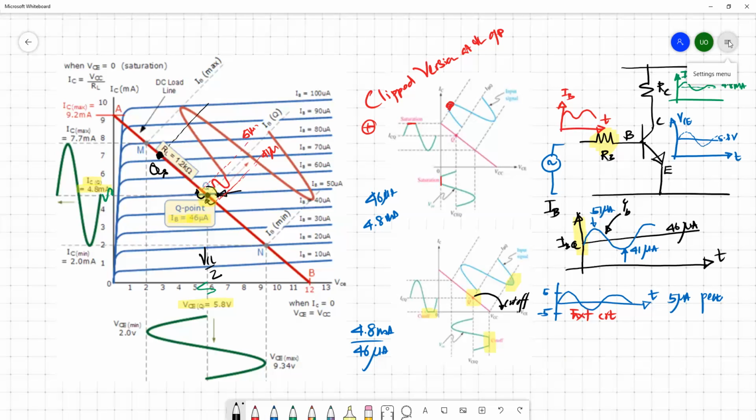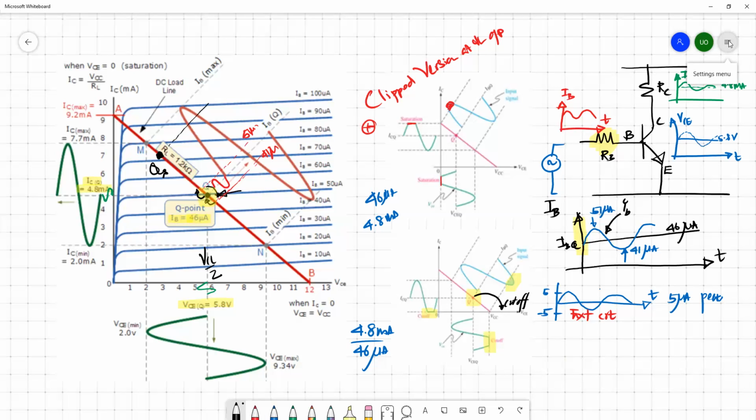So it's amplified, but it's not perfectly amplified. There is amplification there, as well as a distortion of the output signal. You can simply simulate it using Proteus and see how this happens. You can place your Q point close to the cutoff or saturation by changing the resistance and see.